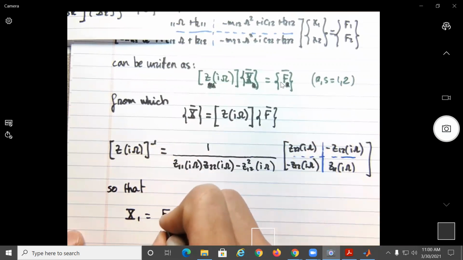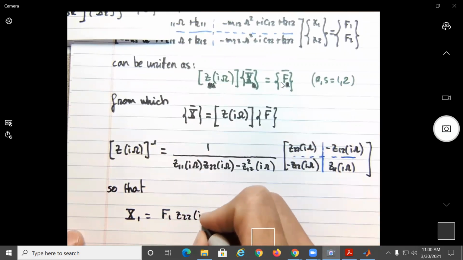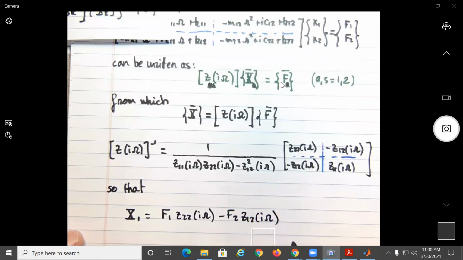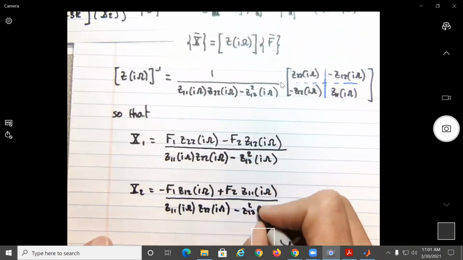X1 will be equal to F1 Z22 i capital omega minus F2 Z12 i capital omega, divided again by the determinant Z11 i omega Z22 i omega minus Z12 squared i omega, and X2 will be equal to minus F1 Z12 i omega plus F2 Z11 i omega, divided by the determinant Z11 i omega Z22 i omega minus Z12 squared i omega.